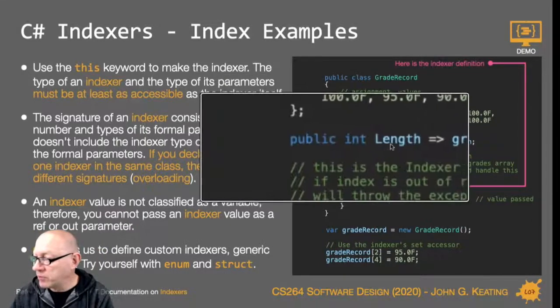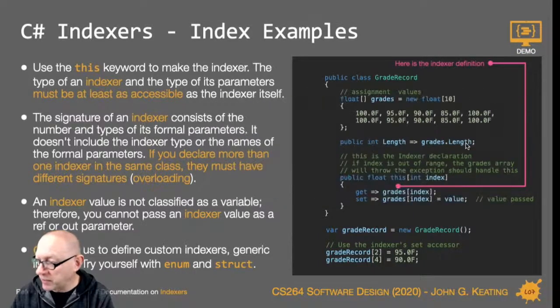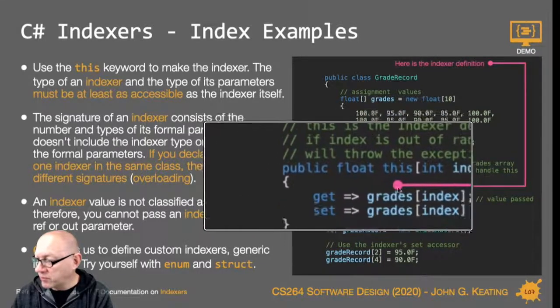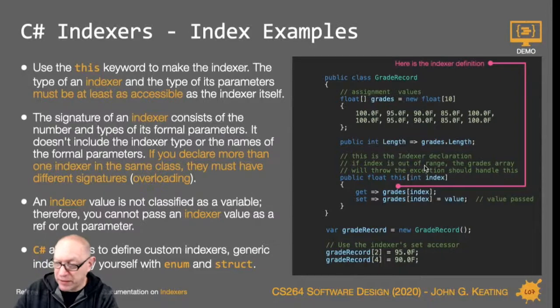Then we look at creating a property, which is the grades.Length. Now we look at the indexer definition. So we're actually using this index here. This is the property here. That indexer declaration allows us to create that index on this particular array.